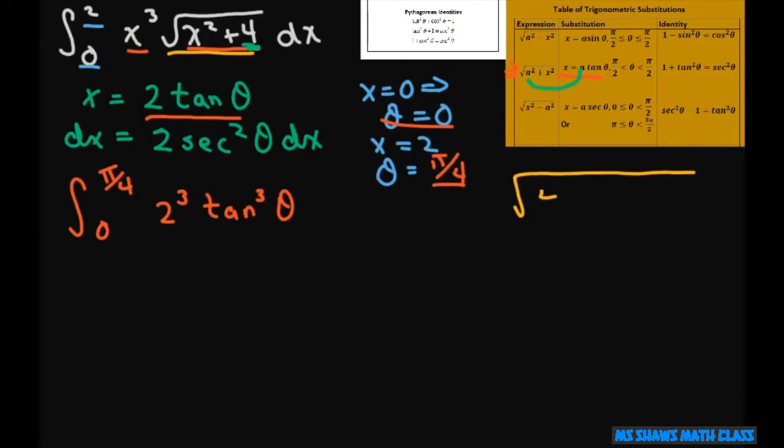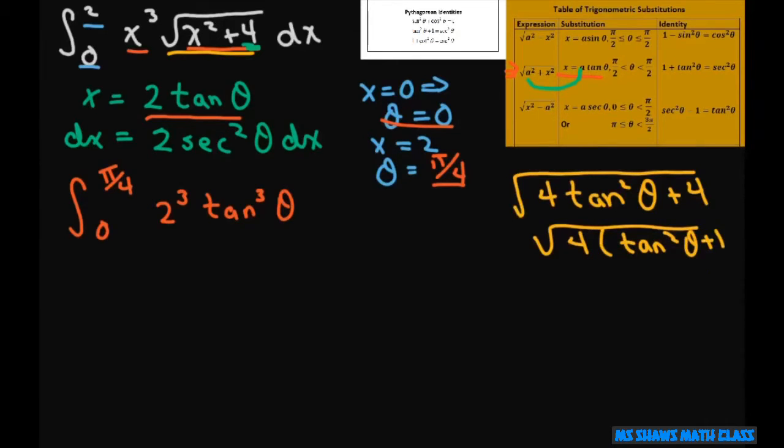So that's going to be 4 tan squared of theta, and then you add your plus 4. So when you take that out, you're going to factor out the 4. You get tan squared of theta plus 1. So you take out the square root of 4, which is 2, and this equals secant squared of theta. And so this is just going to be 2 secant theta.